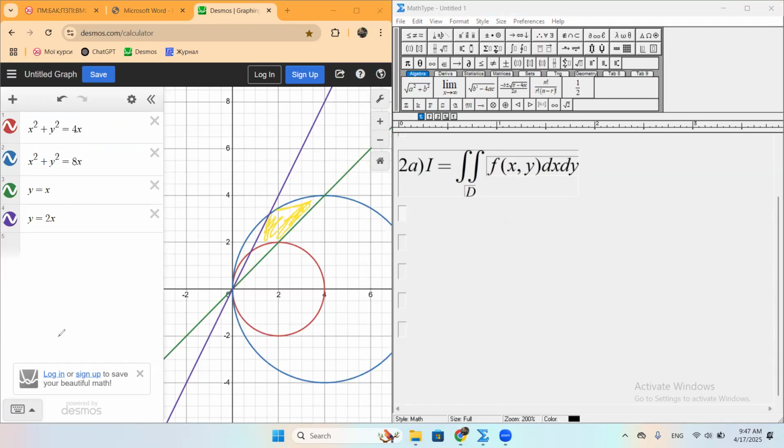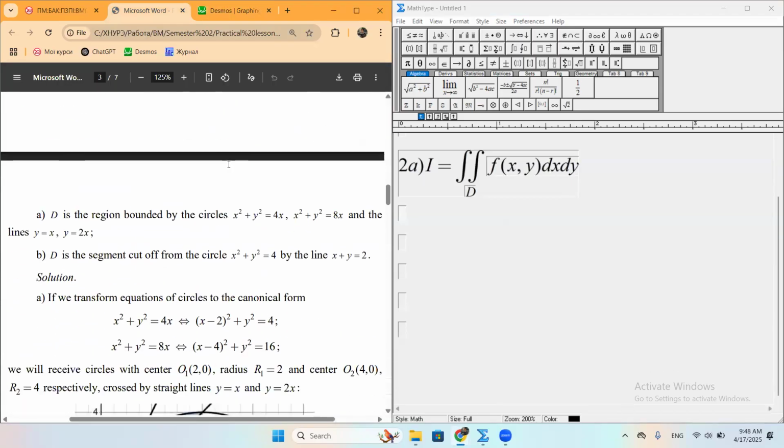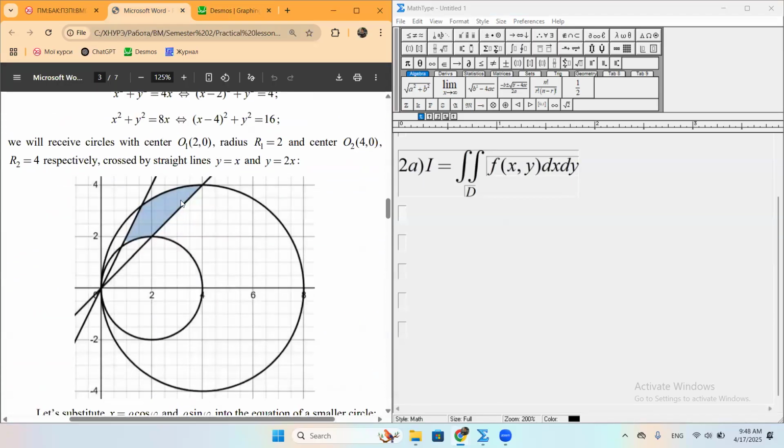Well, we can look at it in my materials. So here it is, here is the region of integration: these circles and straight lines.